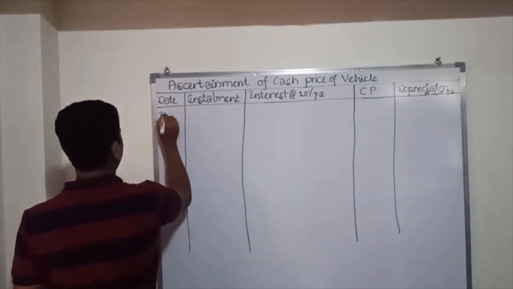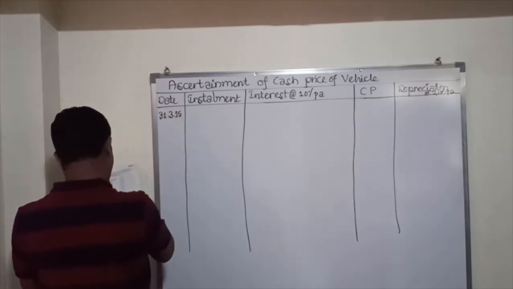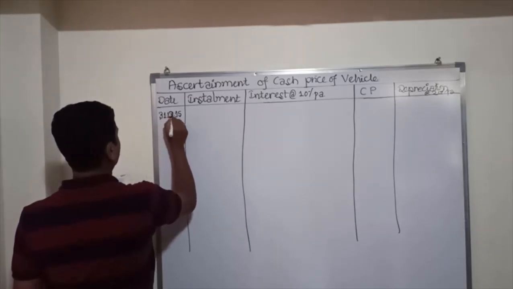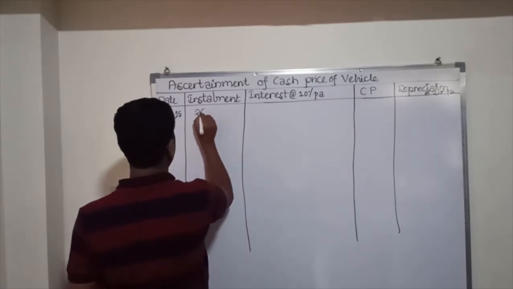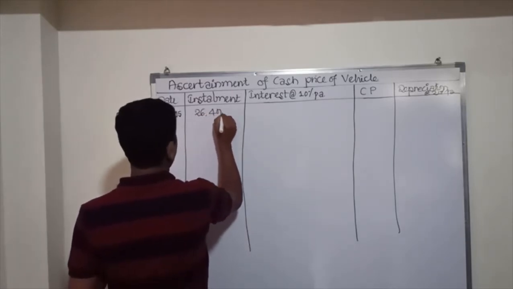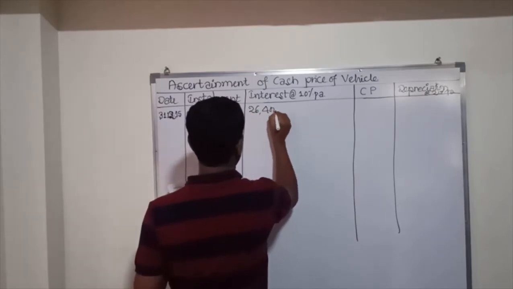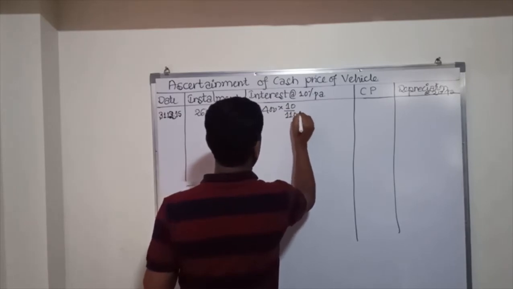The last installment is due on 31/12/2015, and it is given as 26,400. So 26,400 into 10 divided by 110.